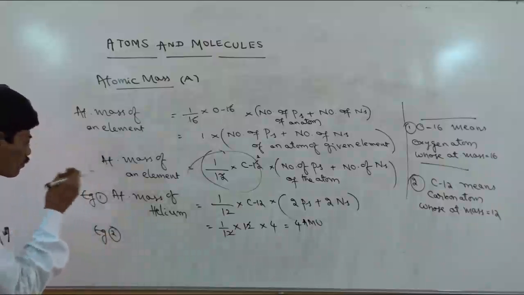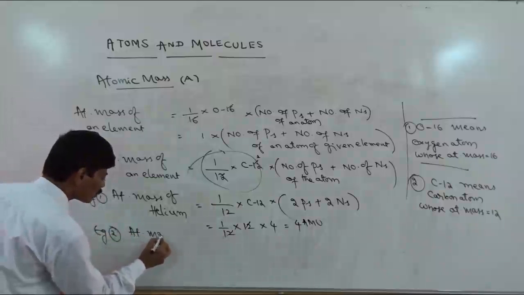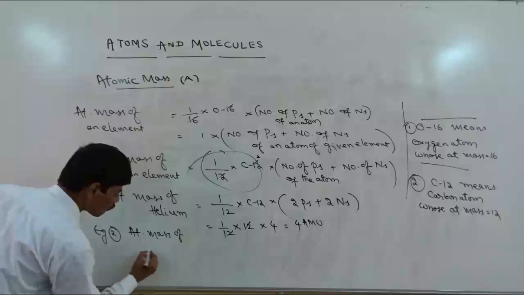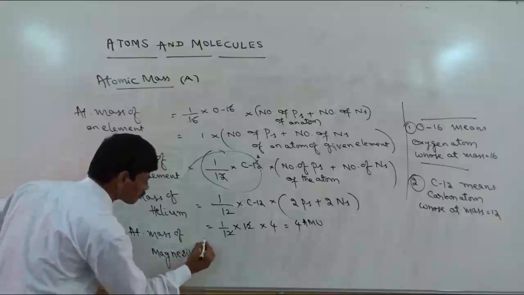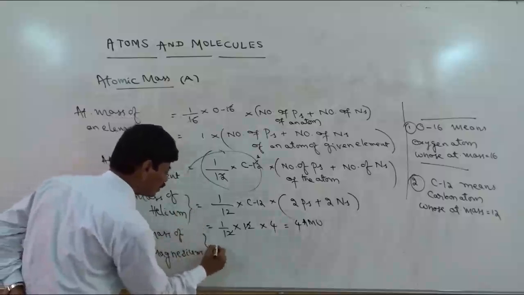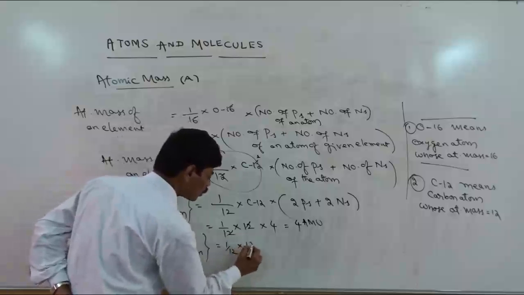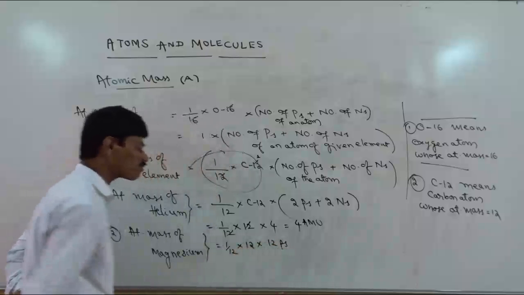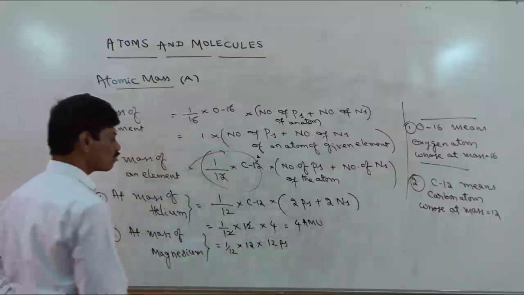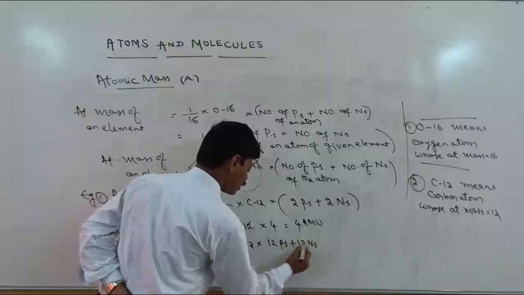Now let us see one more specific example. Atomic mass of magnesium is equal to 1 by 12 into 12 into 12 protons, because the atomic number of magnesium is 12, plus 12 neutrons.